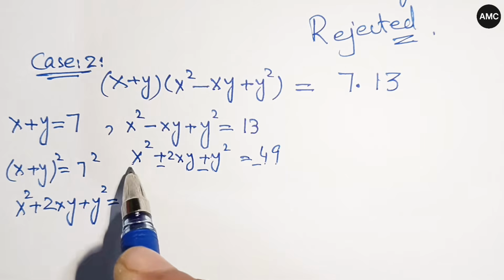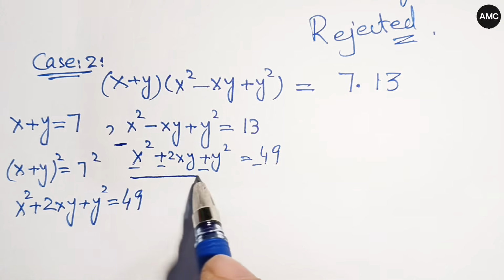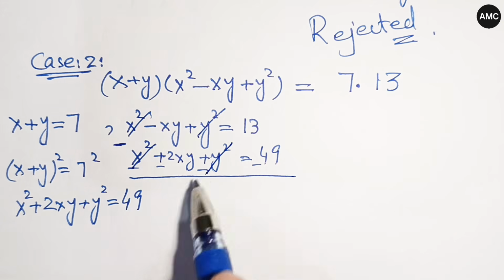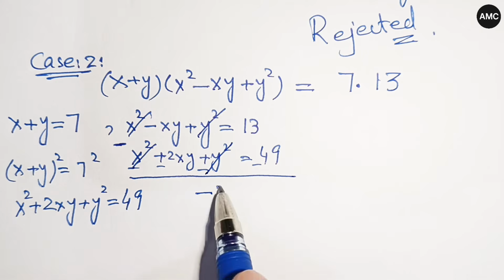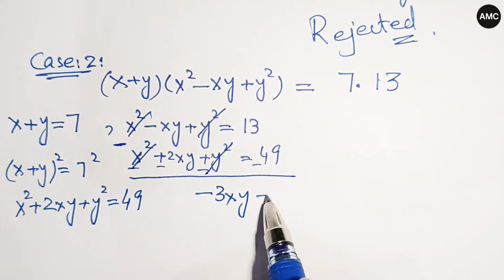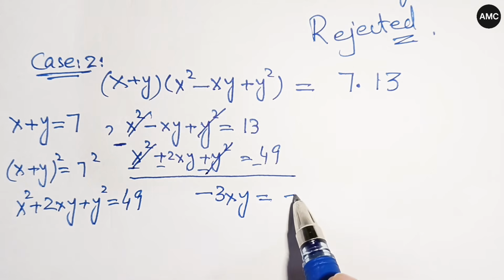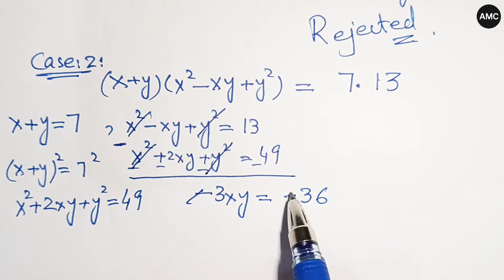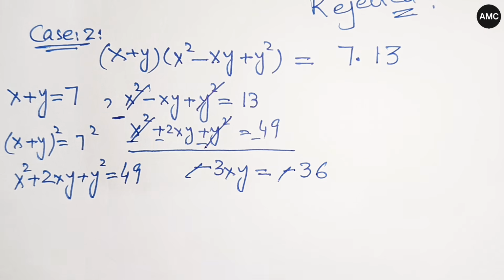Changing the sign, we subtract, so x² cancels with minus x² and y² with minus y², and we get minus 3xy is equal to minus 36. Cancelling the negative sign on both sides and dividing by 3, xy is equal to 12. Here we get a positive number.